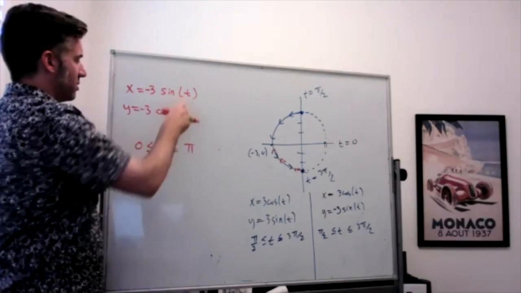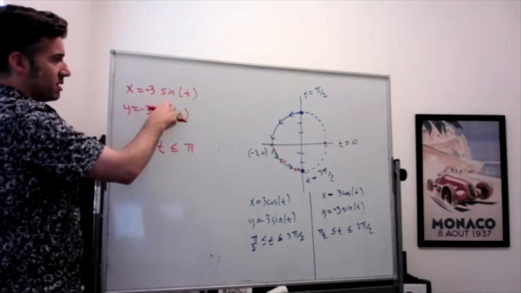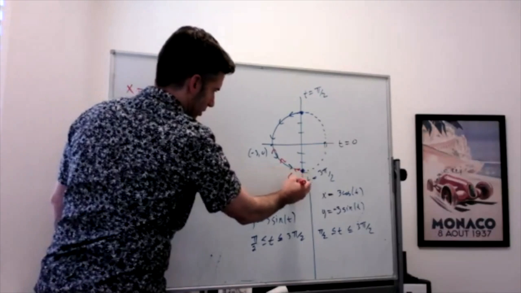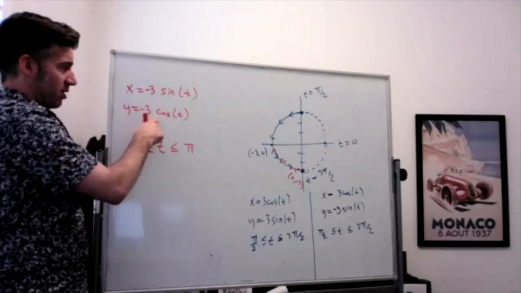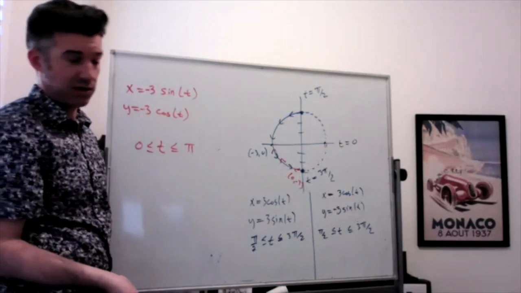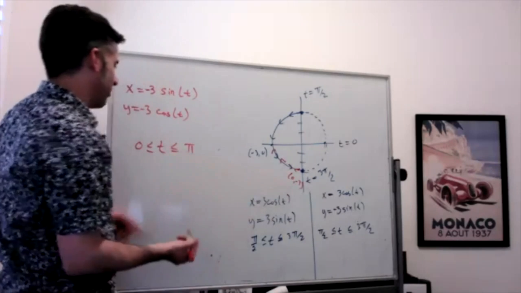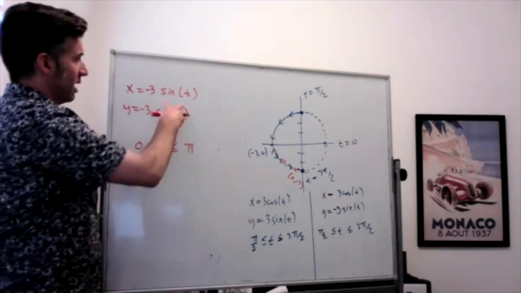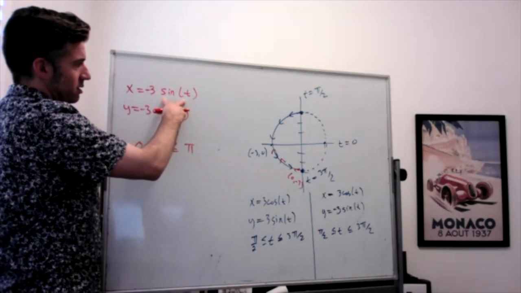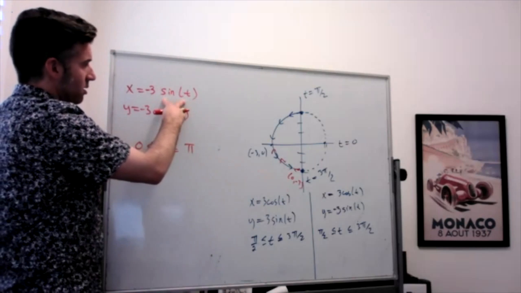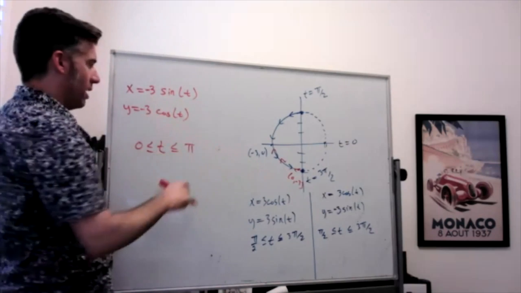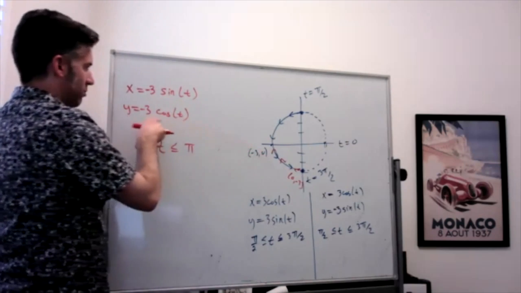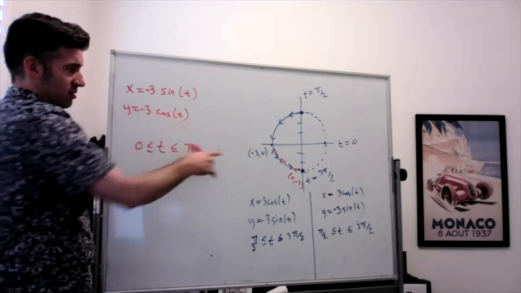So if t is 0, x is going to be 0, great. I'm starting at the point 0, negative 3. And y is going to be negative 3 times cosine of 0, which is negative 3 times 1, which is negative 3. Cool. And then if I plug in pi over 2, sine of pi over 2 is 1. So I get negative 3 times 1, so I get negative 3 for x. Good. And cosine of pi over 2 is 0, so I get 0 for y.